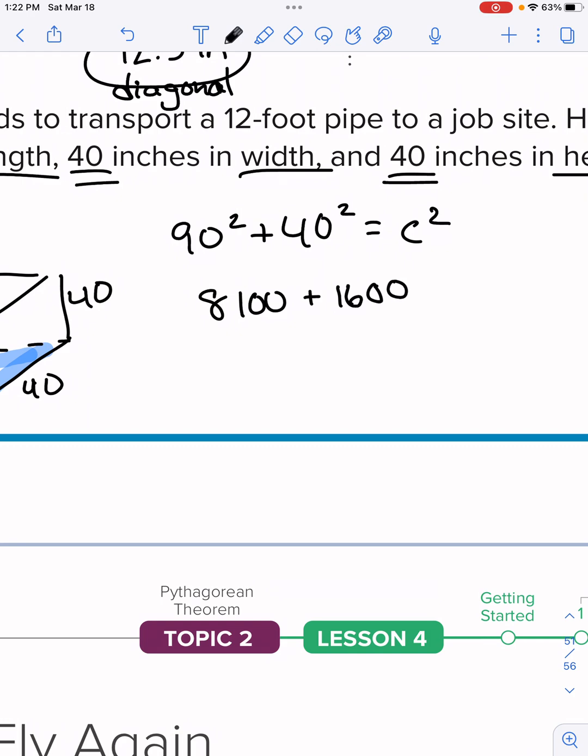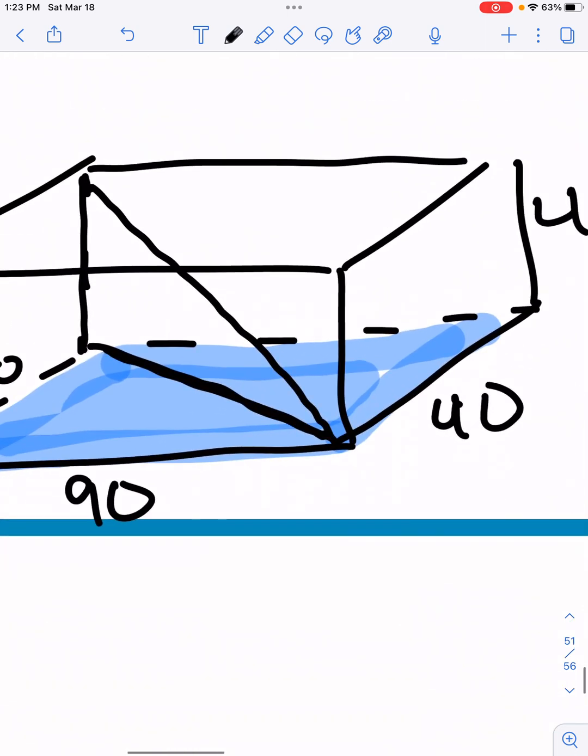If you add this together, that is 9,700. That's a big number, but if we take the square root of that, we're going to get a nicer number. You can plug this into your calculator, but I'll give you, this is approximately 98.5. So that means that this right here is 98.5.